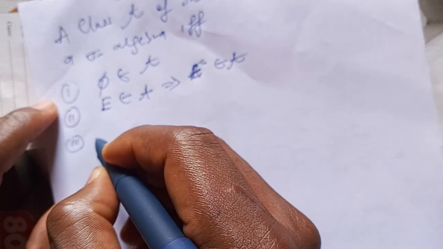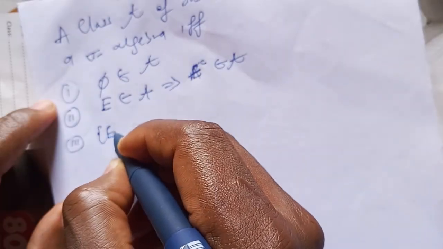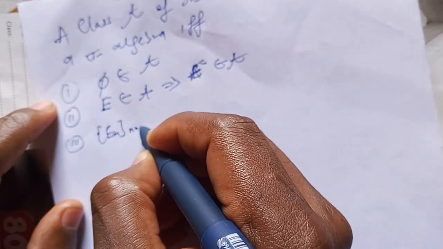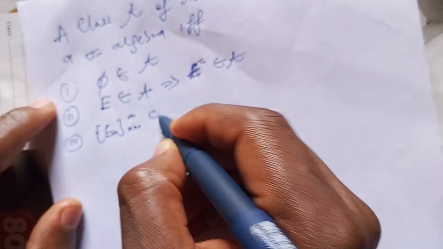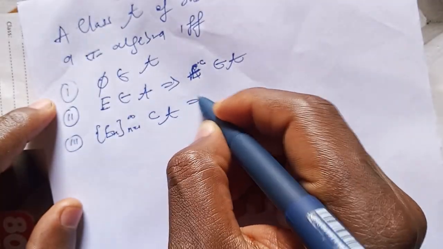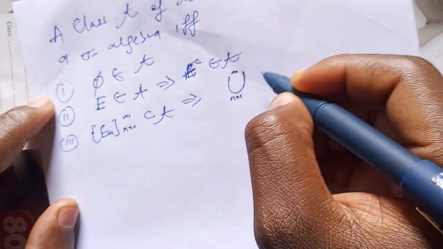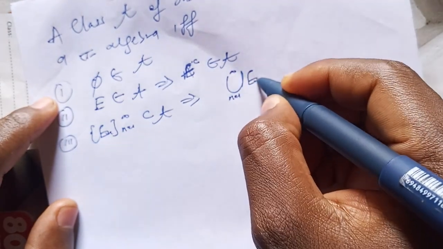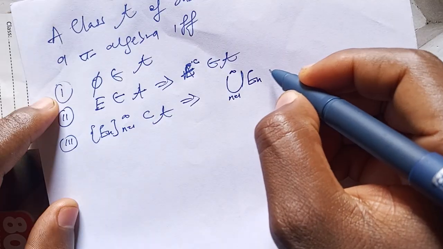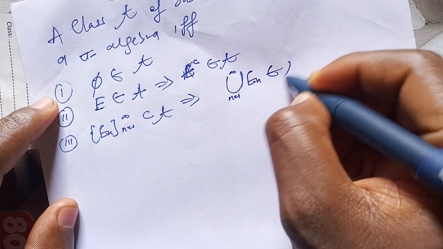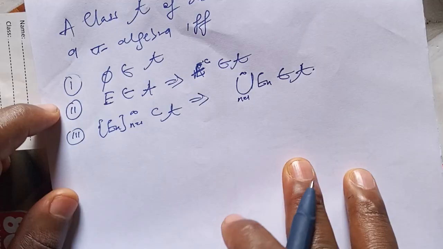And given a sequence E_n, n equal to 1 to infinity, of subsets of this class, this implies that the countable union of this sequence of E_n is also in this sigma algebra.